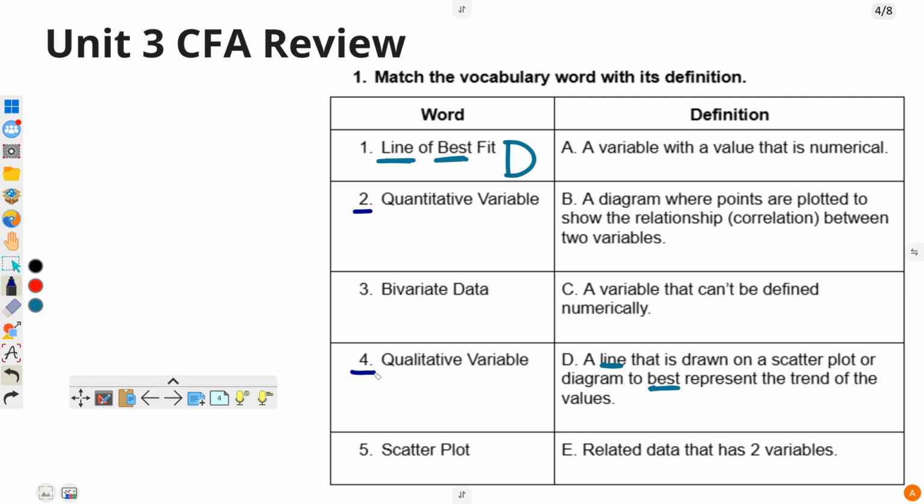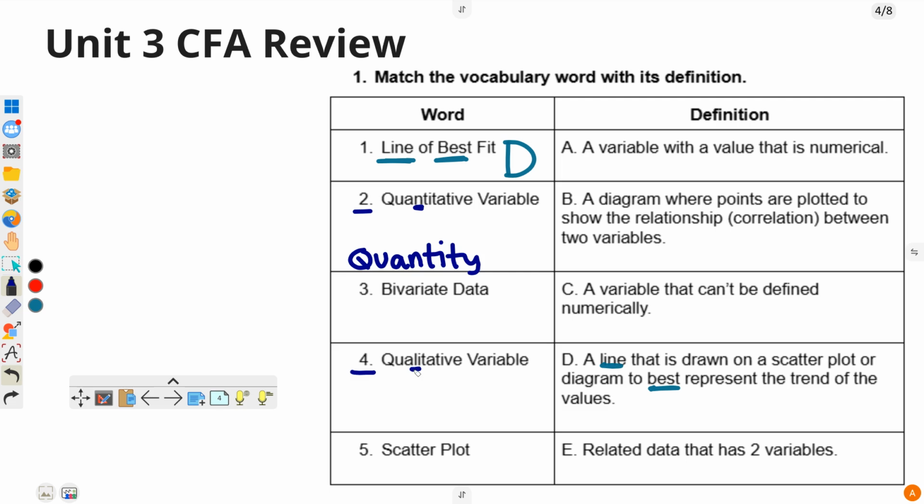When we talked about quantitative, you might have heard the word quantity, especially if you were ever online shopping, because sometimes if you buy more than one, the quantity is how many of these do you want? So when you're clicking add to cart, how many are you adding to cart? That's the quantity.